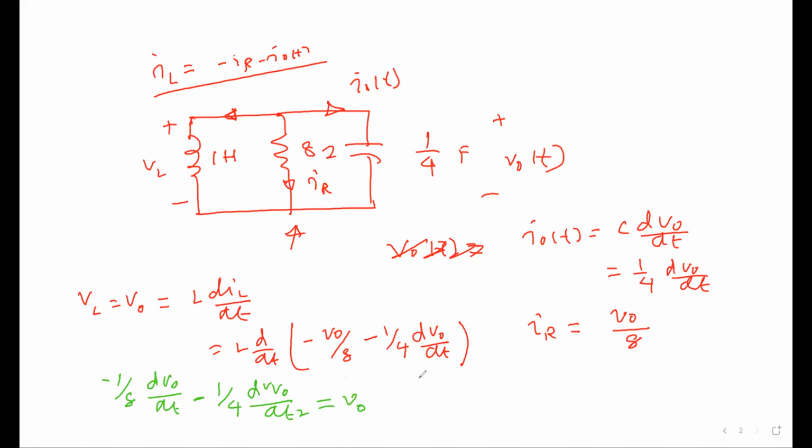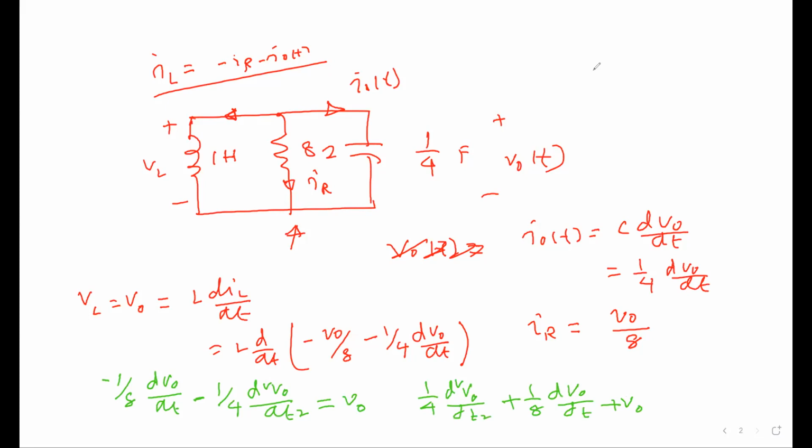Or you can rewrite the equation in this way: 1 by 4 d2V0 by dt2 plus 1 by 8 dV0 divided by dt plus V0 equal to 0.